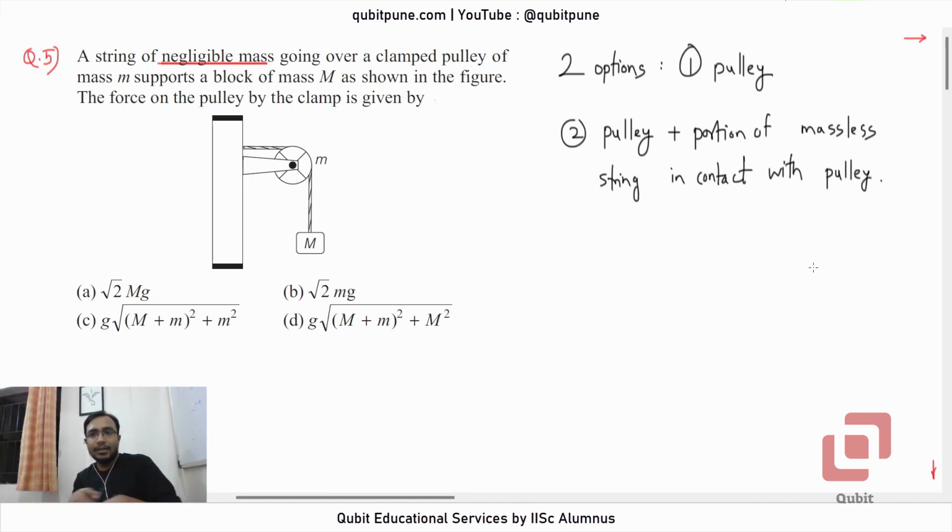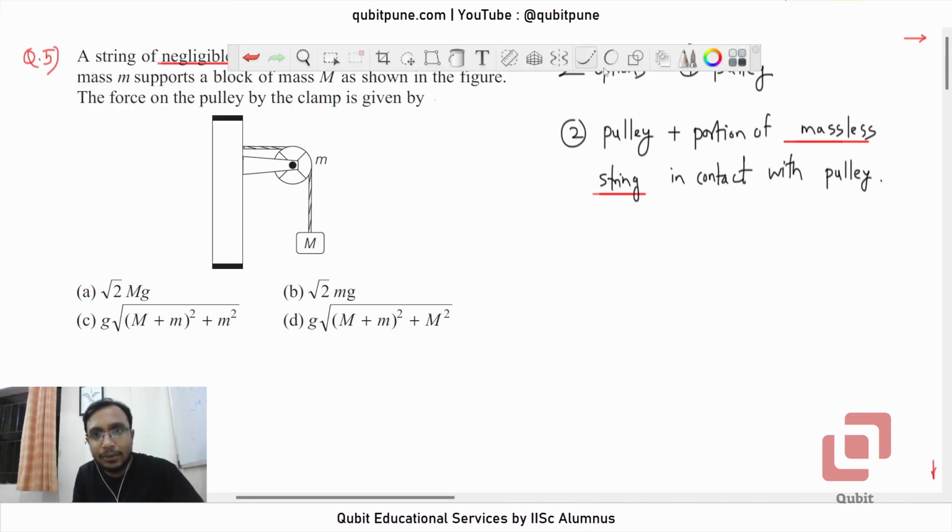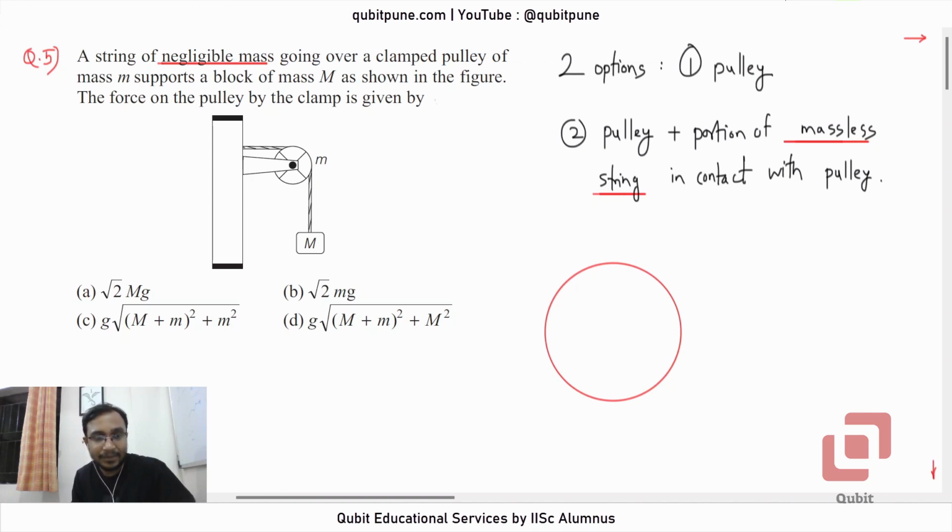Okay. Now that negligible mass thing is at work. If we ignore the mass of the string, then for the second case, if this is my pulley, it is in equilibrium. Now look, the string portion which is in contact with the pulley, the first quarter.